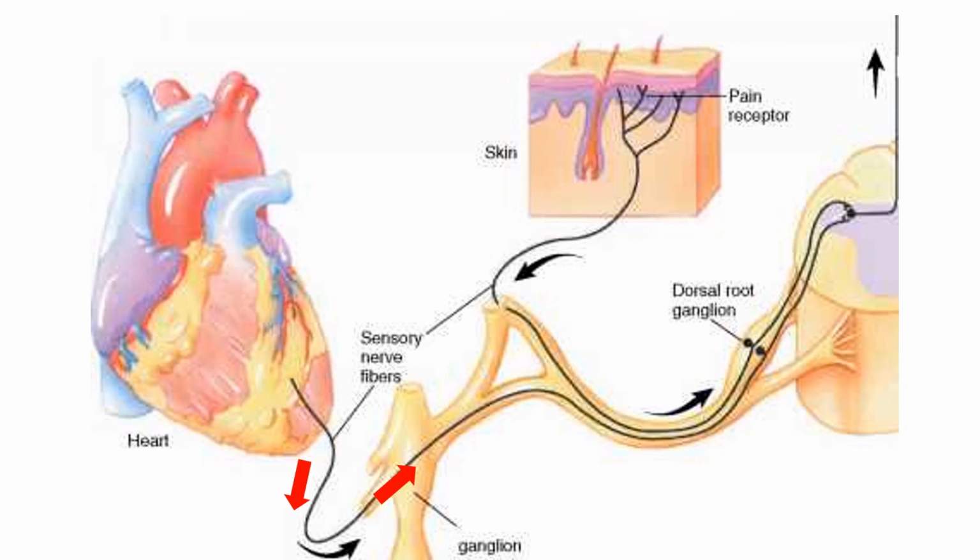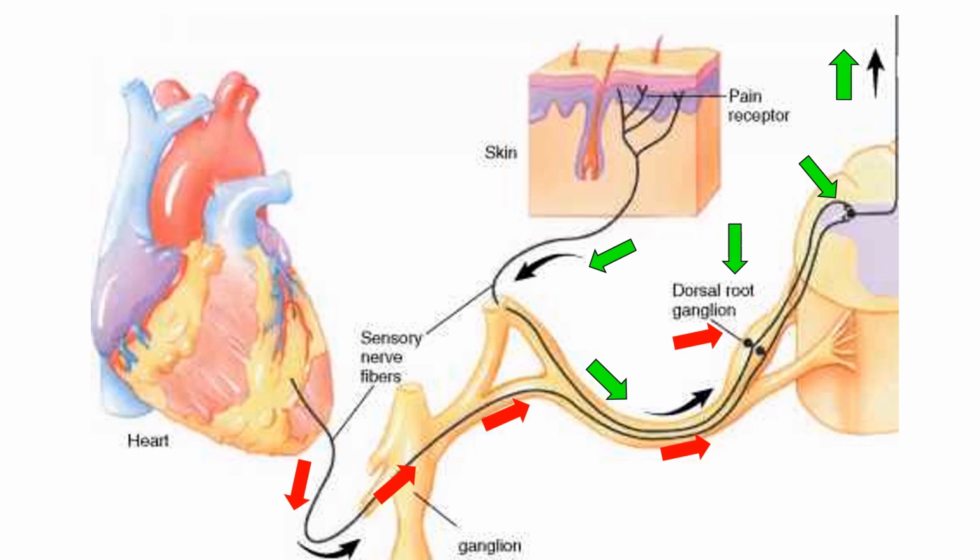Then it is going to reach the dorsal root ganglion, like the somatic sensation, and pain from the skin is coming through the same way, through dorsal root ganglion, and they end up in the dorsal horn of the gray matter of the spinal cord.